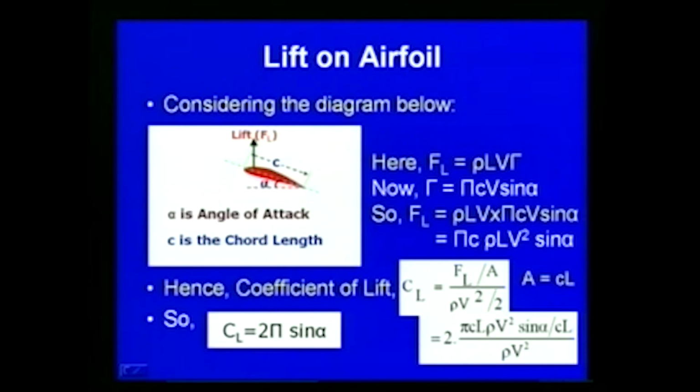If we use the Kutta-Jaworski equation, considering circulation, we can write F_L is equal to rho L V gamma, where gamma is the circulation, that is equal to pi C V sin alpha, where alpha is the angle of attack, C is the chord length and V is the free stream velocity.